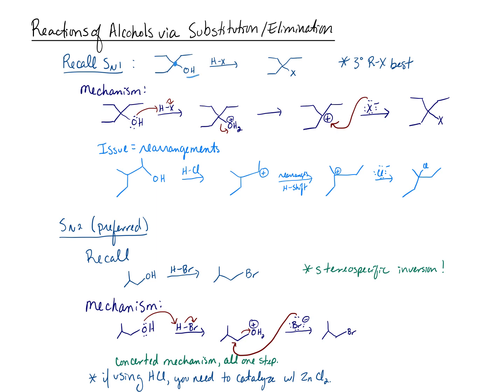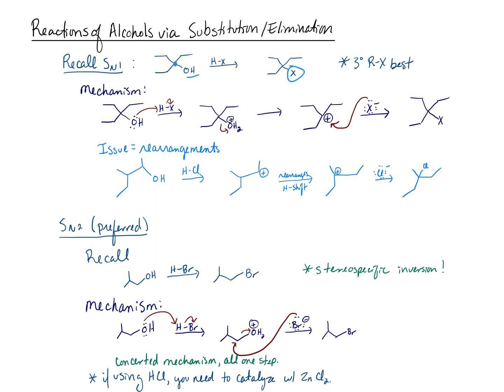If we use HBr, for example, you would just end up with that Br at that point right there. Now, remember, these work best with tertiary alcohols. So the mechanism, we should already know that.